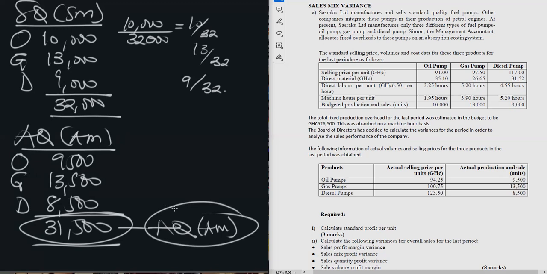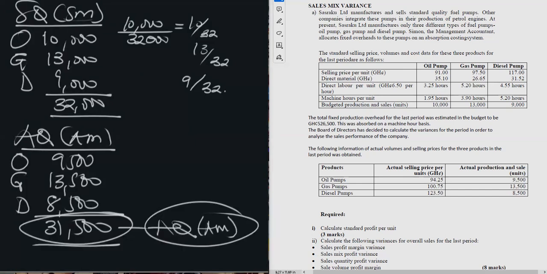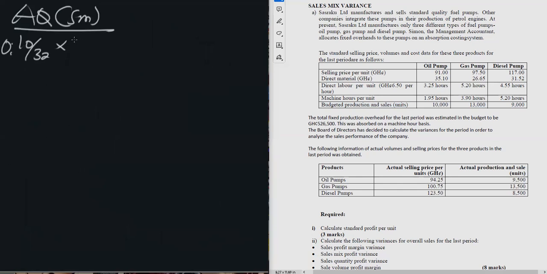Now, this is what we are going to spread in the standard mix. And we've already got our standard mix, right? So that's the last variable, which we always find, which is actual quantity at standard mix, the wife bearing the man's name. So I take oil pump, 10 out of 32 times the total I had, 31,500.